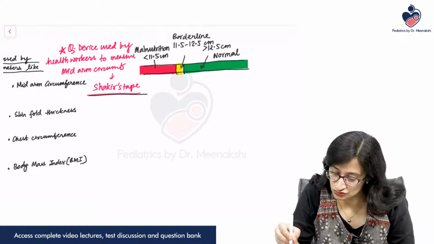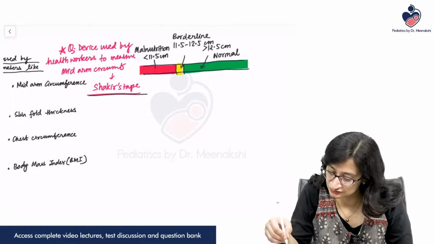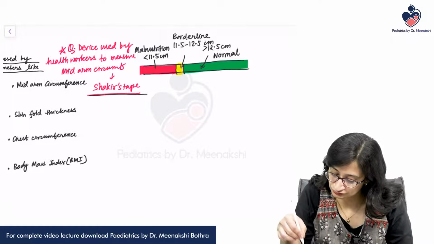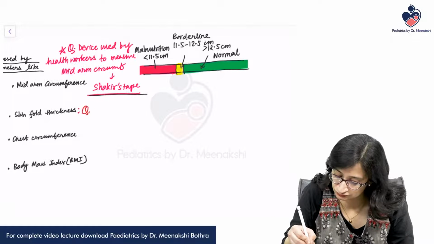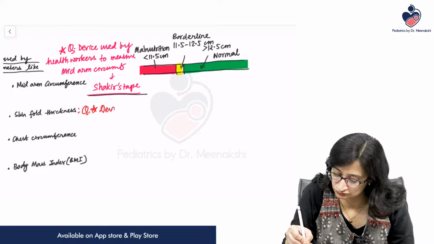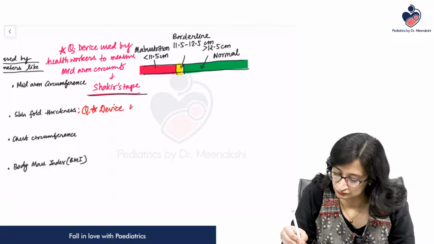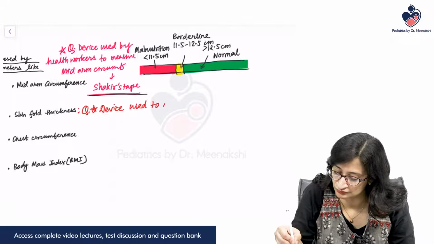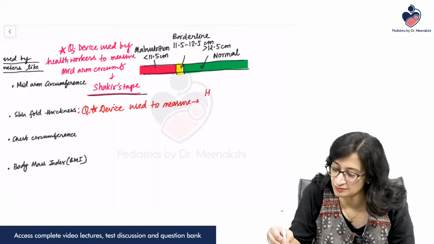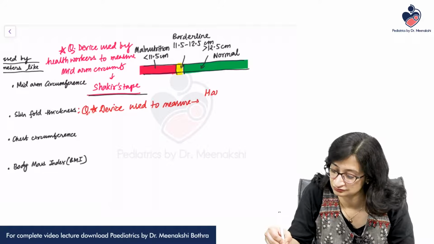So the device used to measure skin fold thickness is called Harpenden calipers.